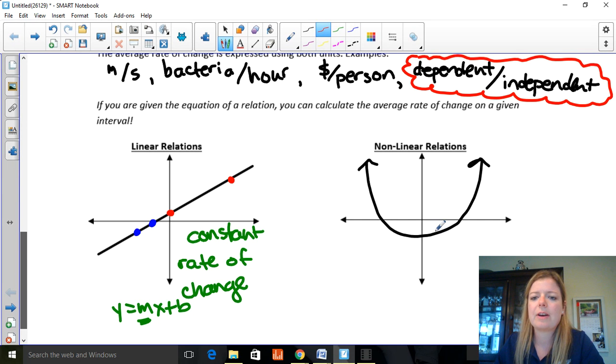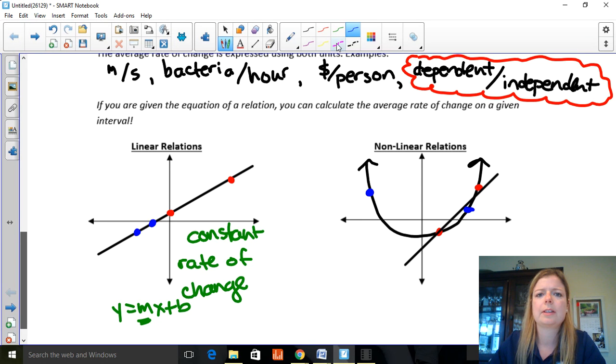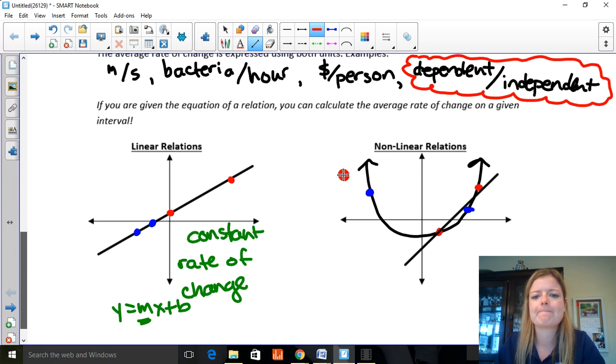So let's say I found the rate of change between these 2 red points here, and I did the slope of a secant. Notice the slope of that secant is going to be very different than if I have this point here and this point over here, and I draw a secant between the 2 of them.